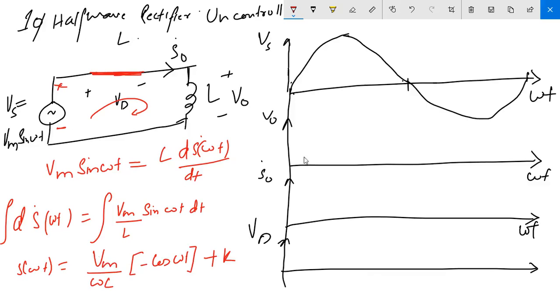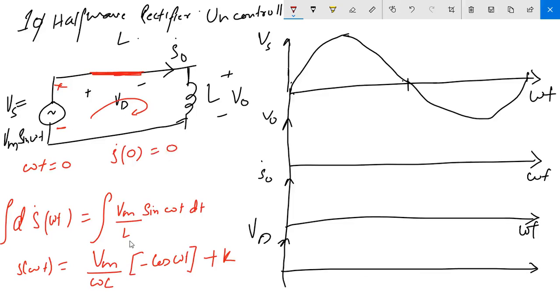Now let us discuss the initial conditions. Suppose when omega t equals 0, I of 0 will be 0. Let us assume this is the initial condition.